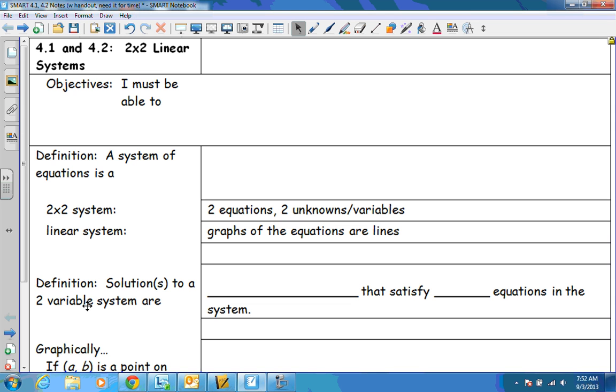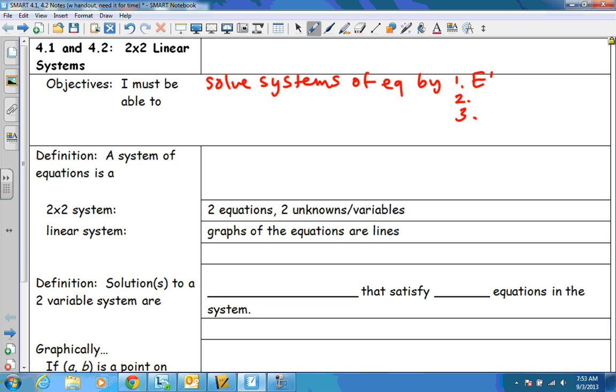Alright, so today we're going to do 4-1-4-2, the 2x2 systems of equations. Our objectives: we're going to solve systems of equations by, I bet you guys know this by now, what three things?